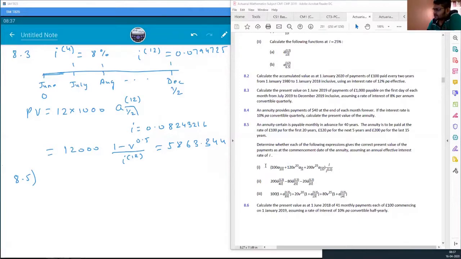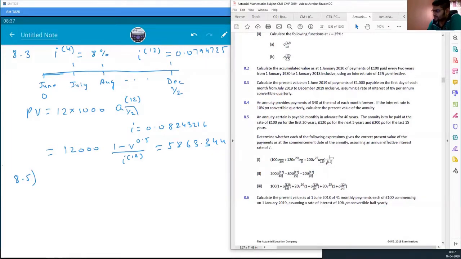The first one says 100 per annum for the first 20 years, but the payments are monthly. These are not monthly payments, so we do not have payable 12 times. So clearly this is wrong.